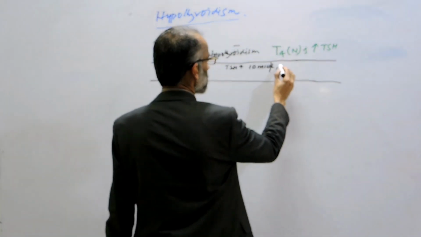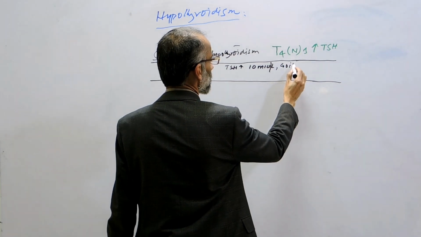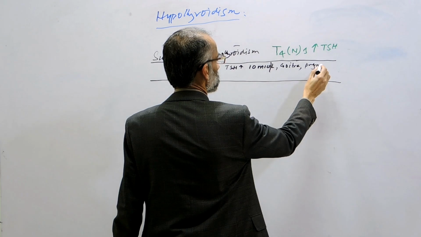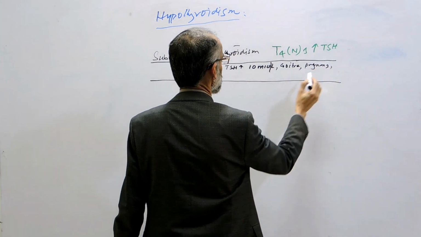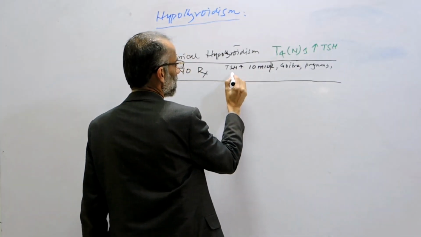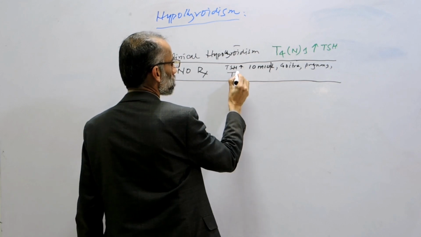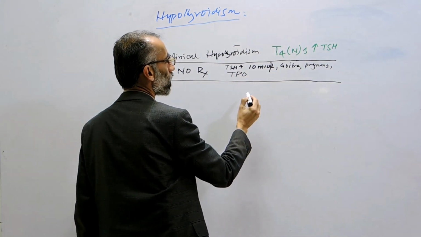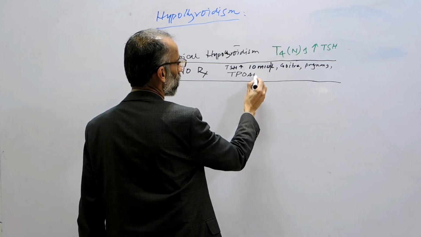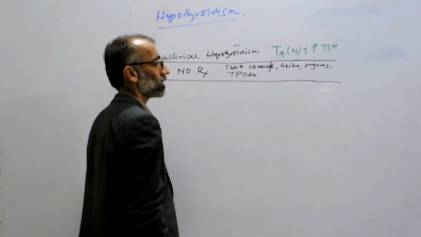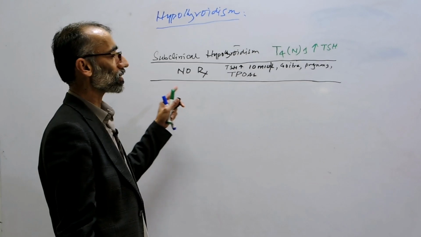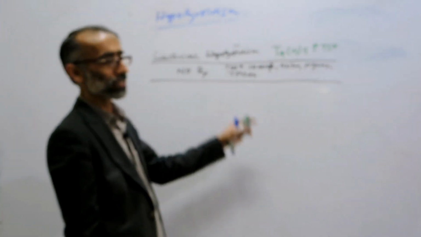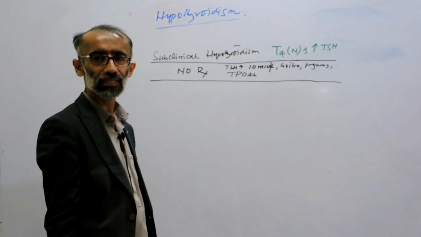If there is evidence of goiter, pregnancy, or presence of anti-TPO thyroid peroxidase antibodies, you have to treat the subclinical hypothyroidism in these circumstances.